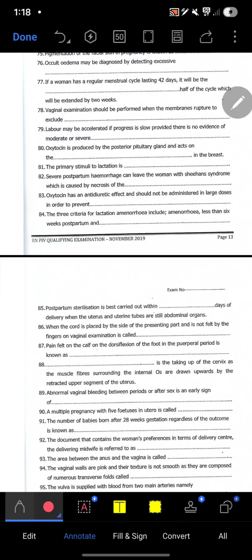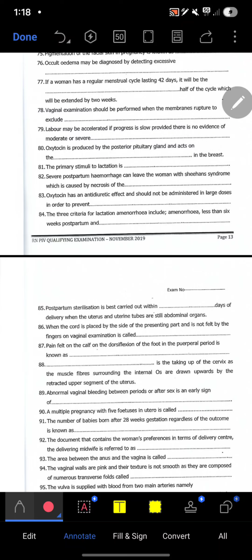The correct answer is myoepithelial cells. 81. The primary stimulus to lactation is, the answer is sucking. 82. Severe postpartum hemorrhage can leave the woman with Sheehan's syndrome, which is caused by necrosis of the, the correct answer is the pituitary gland.